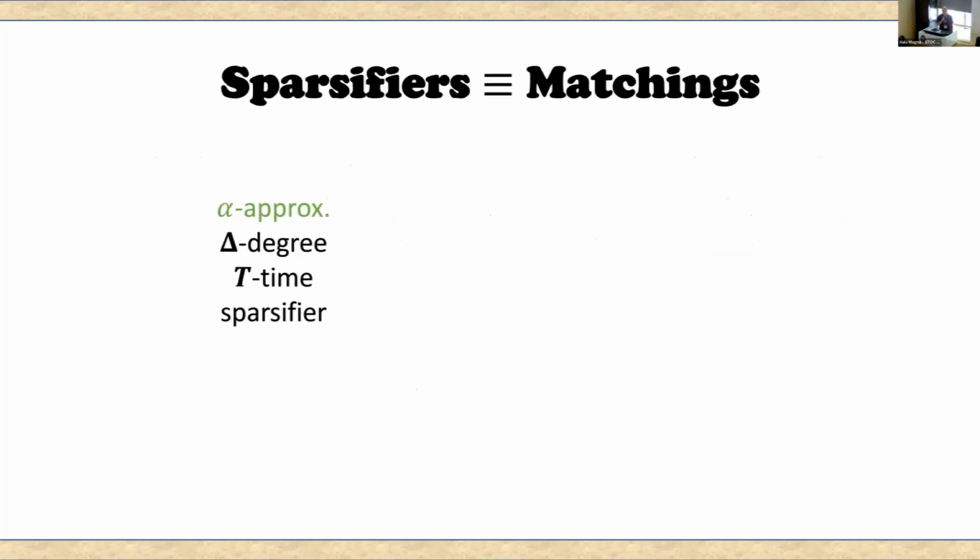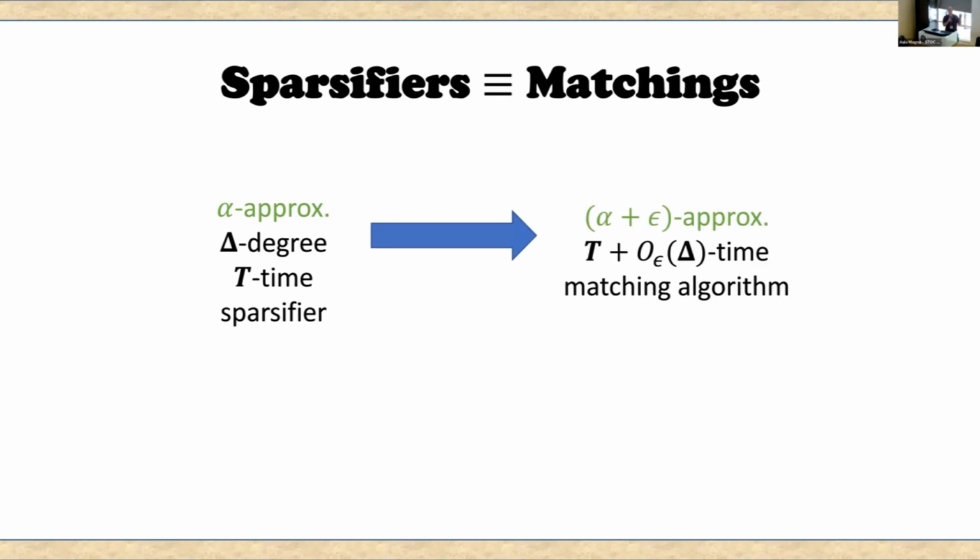Let me point out that what's really going on here is some kind of equivalence between the two. I'll show you that there are a lot of places where this crops up in the literature. I kind of pointed out one direction here: if you have an alpha approximate, max degree delta, update time t sparsifier, then this gives you essentially as good an approximation, actually a matching, in time t plus delta.